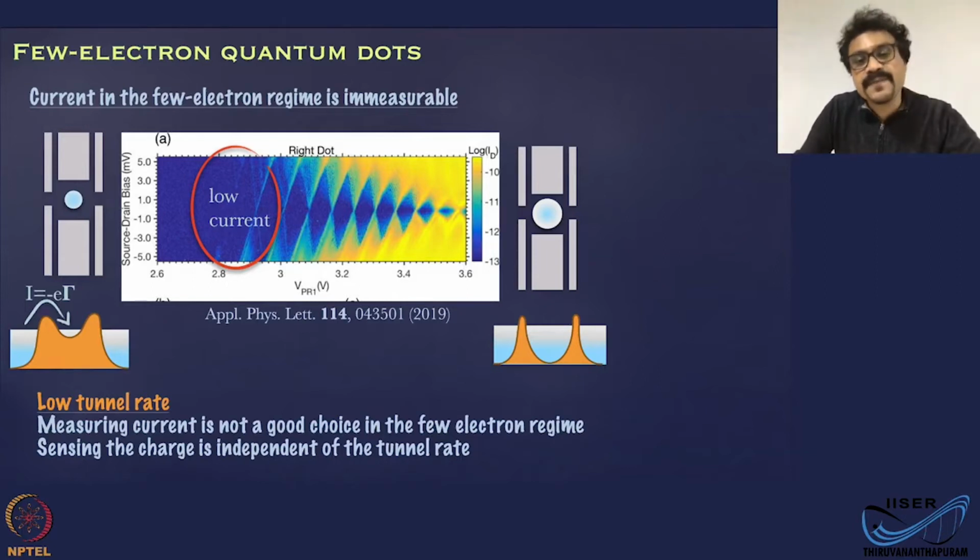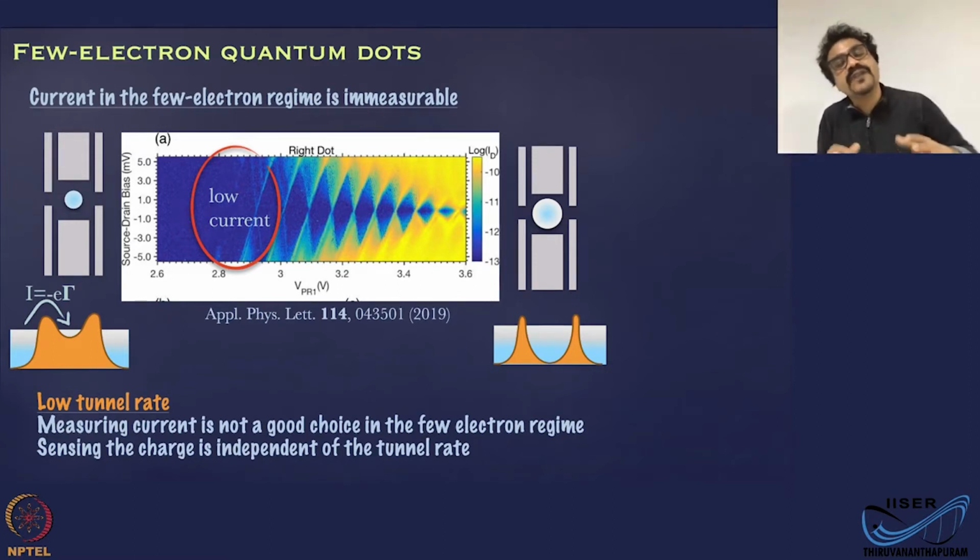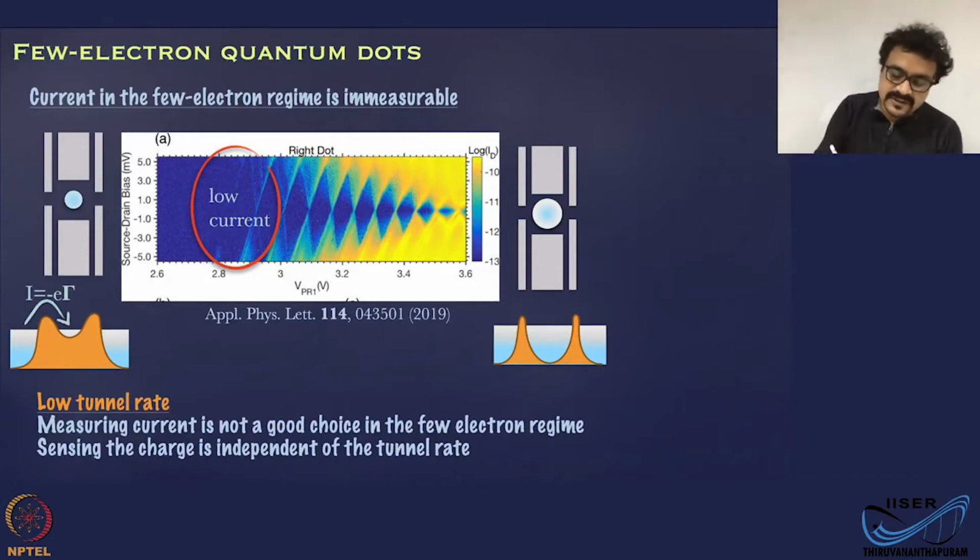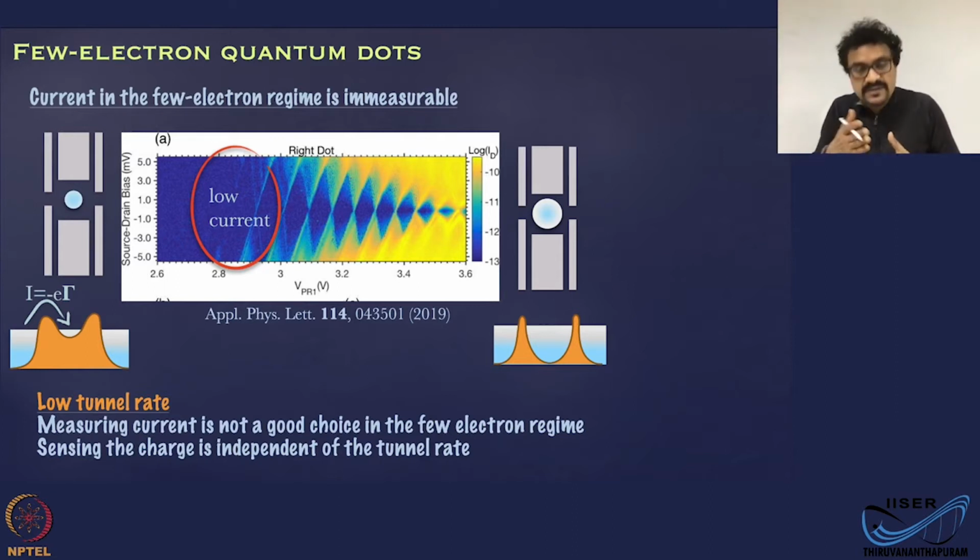So now the question is, can we assume that this region here is void of electrons in the dot? Or do we have an empty dot here? When you say empty dot, the Coulomb diamond will open up but it doesn't close back.